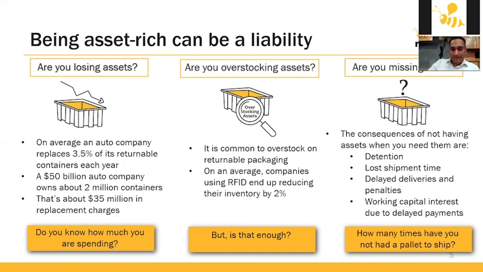So these are the three critical problems that any company which is having a lot of returnable assets typically faces. And if you do the math, it adds up, and the losses can skyrocket to millions, which we will see as we go down this presentation.